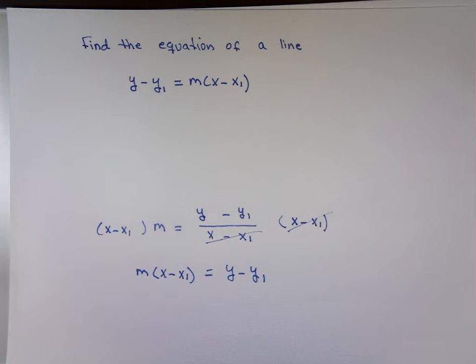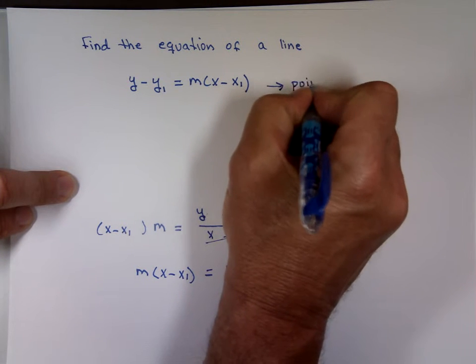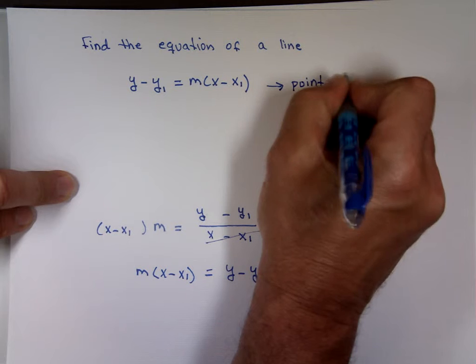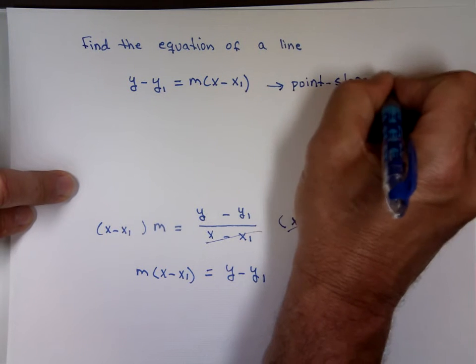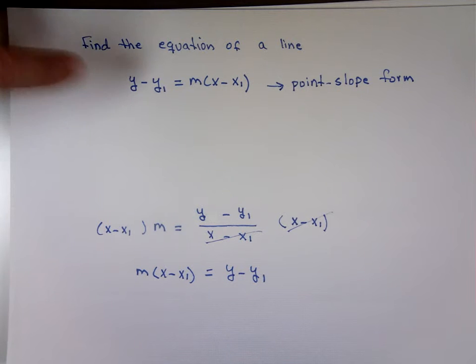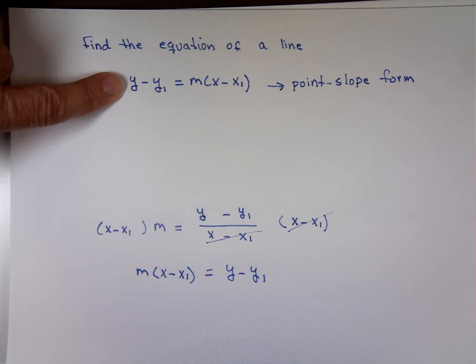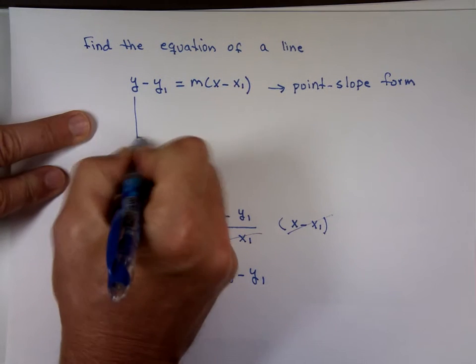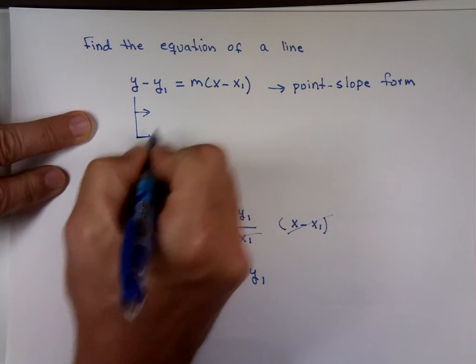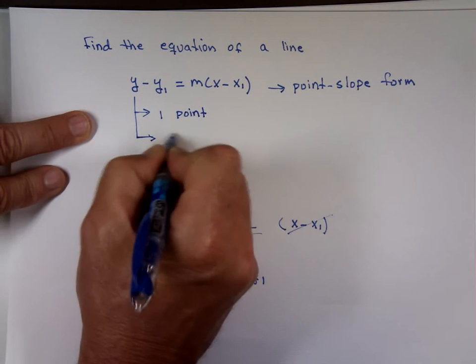This is actually known as the point slope form. Why do they call it the point slope? To use this one, you need two things. You will need one point, and you will need the slope.